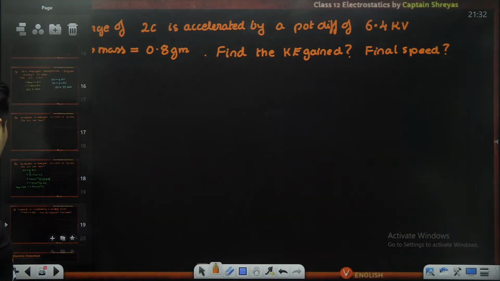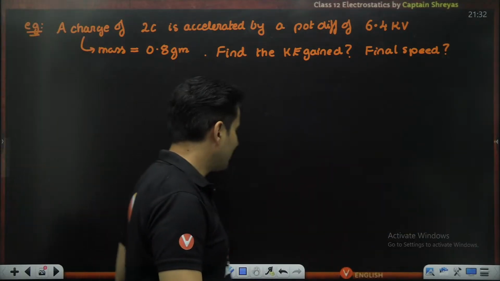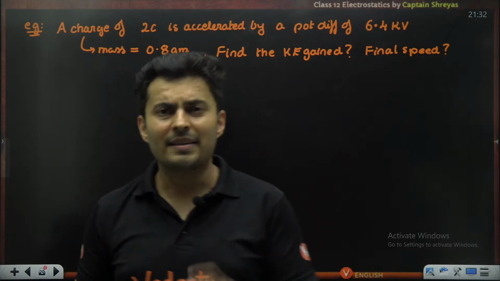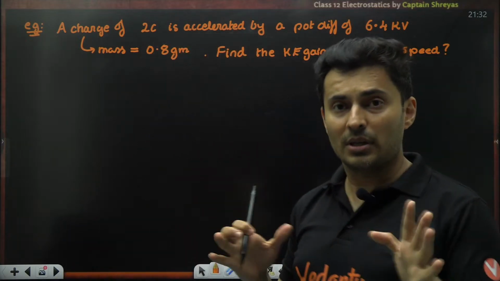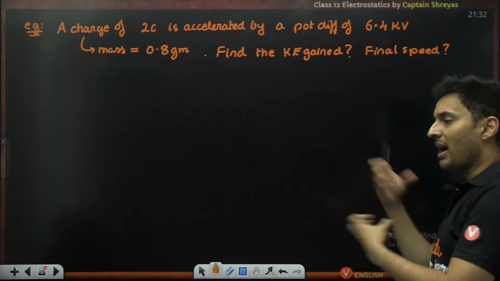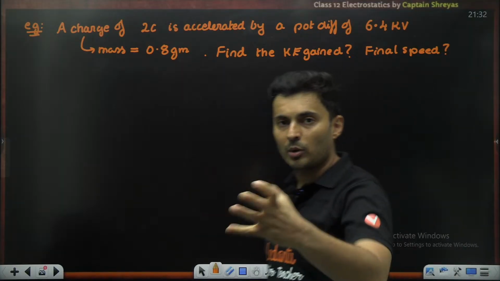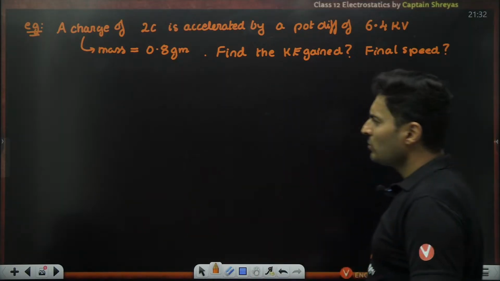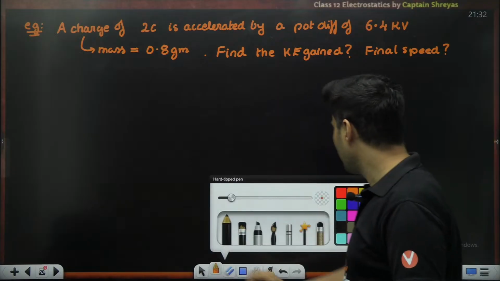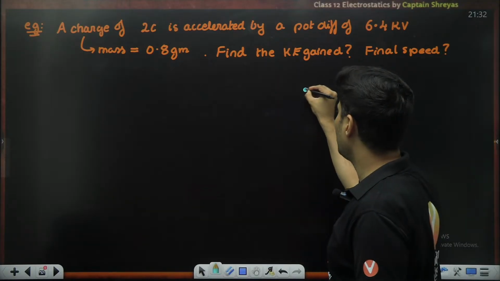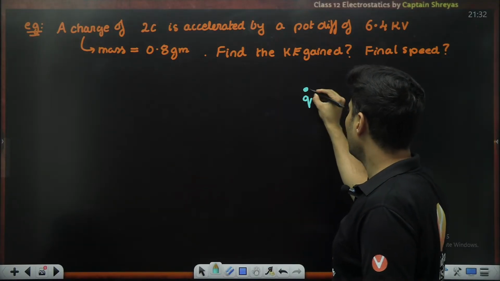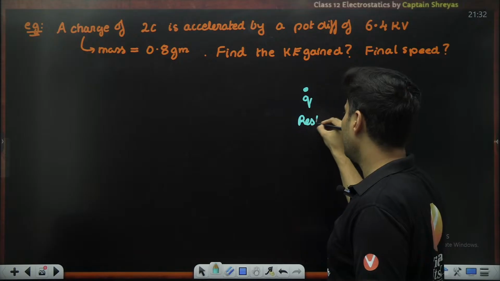These kinds of questions also come very much in modern physics as a part of a bigger problem. It is not a problem in itself, but a part of a big problem, so it will be a step. So how to solve this? Let's understand it. Imagine you have a charge over here, Q. Right now, this charge is at rest.